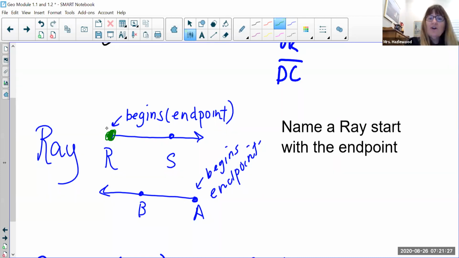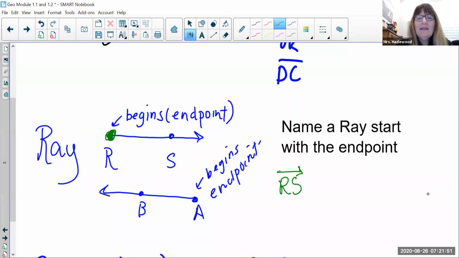So when we name it, we always start at the endpoint. So it starts at R and it goes through S. And I know the ray, I'm going to use the notation for a ray, and I always make it go left to right because we read left to right.